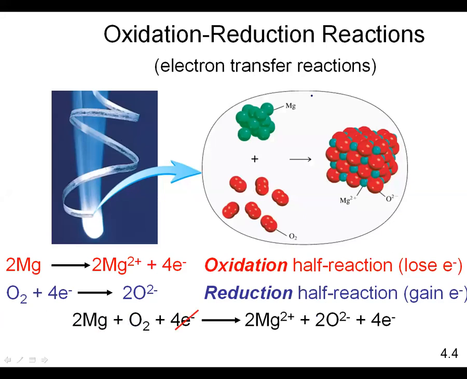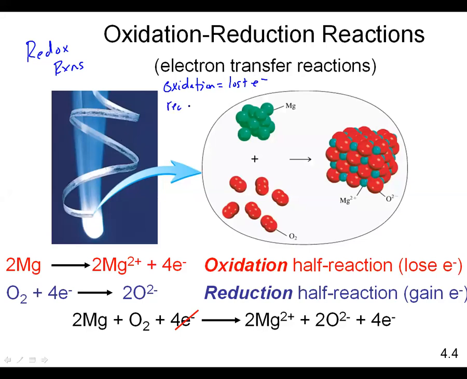So now we're going to talk about another important big category of reactions, and these are oxidation reduction reactions. These are also sometimes referred to as redox reactions. Redox means oxidation and reduction. Oxidation means that you have lost electrons.